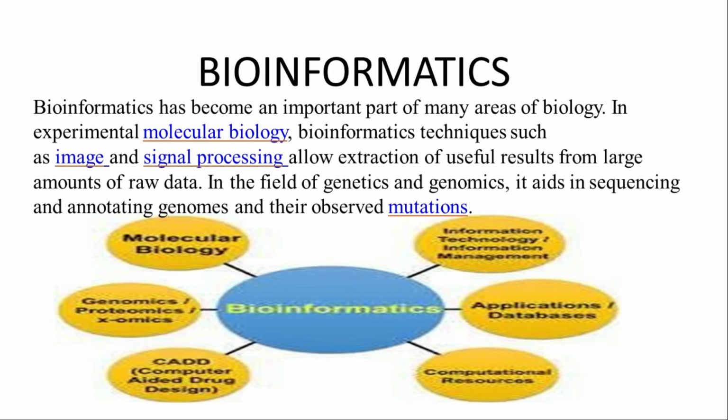In a flowchart, you can understand bioinformatics as information technology, information management, and applications of databases. Next, computational resources, use of CAD, computer aided drug design, and use of genomics, proteomics and other omics that I will discuss later. Next is molecular biology, which is very important and is shown here in bold letters.